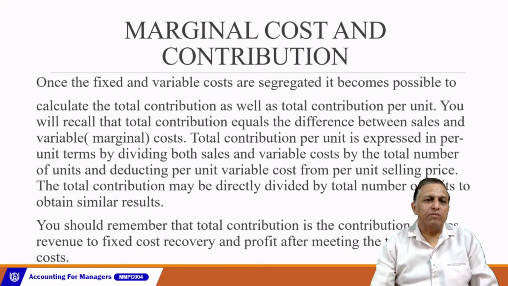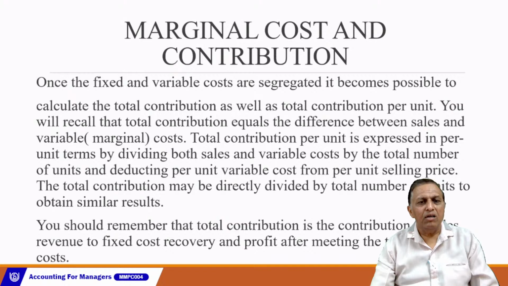Marginal cost and contribution. Once the fixed and variable costs are segregated, it becomes possible to calculate the total contribution as well as total contribution per unit. How do we calculate the contribution?